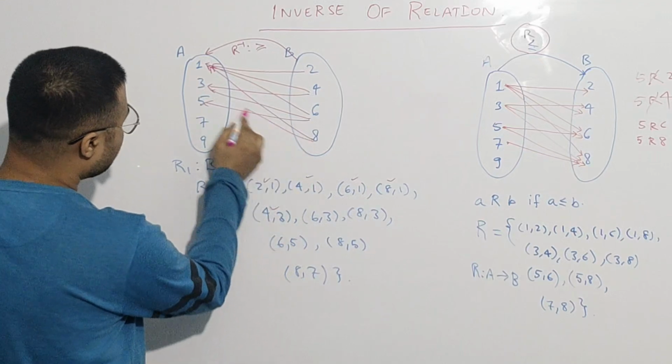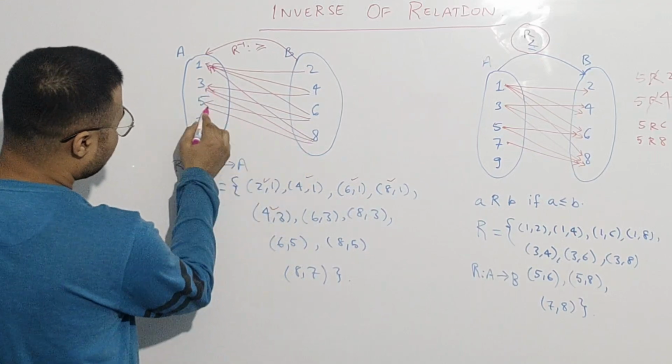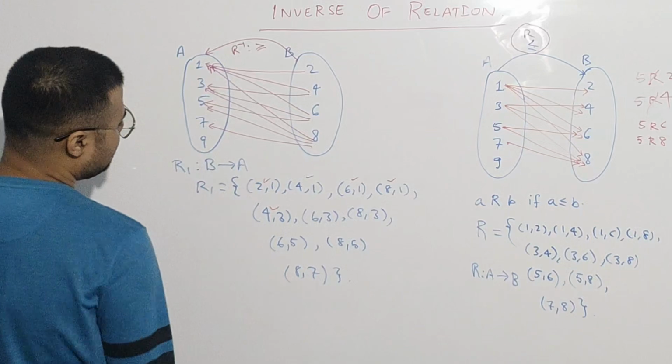So 8 will be related with 3, with 5, with 7.